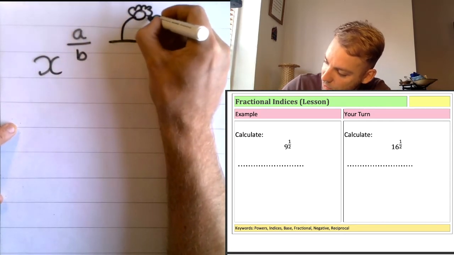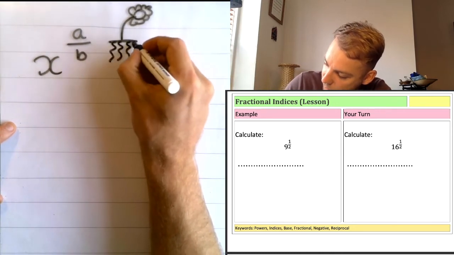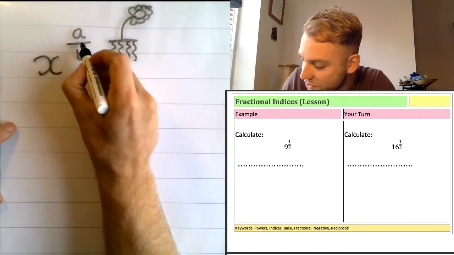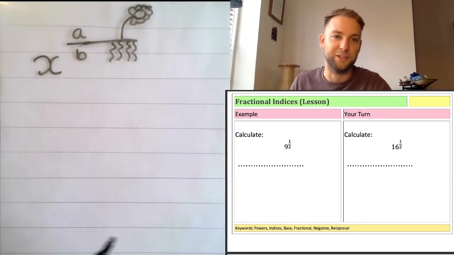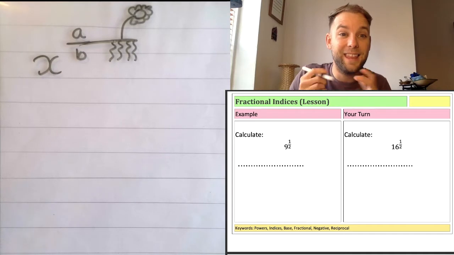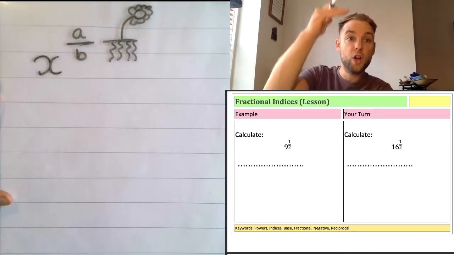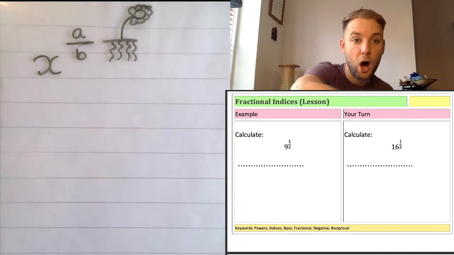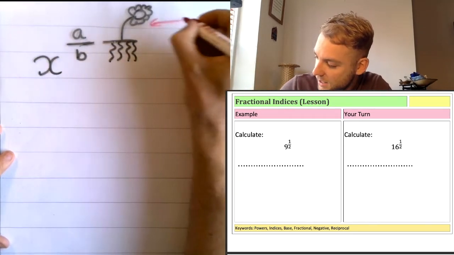So draw a flower at the top, and at the bottom, what do you have underneath the flower? You have your roots. And this is just an extension of this, okay? You might think, whoa, why are you drawing a flower during maths, Mr. Adams, okay? Well, this is to help us understand what the top and bottom is. Because the top is the flower, which is the power.